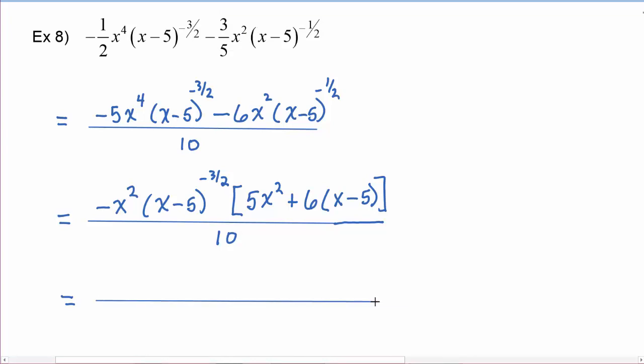The negative x squared stays in the numerator. The x minus 5 to the negative 3 halves, we make the exponent positive by moving it to the denominator.